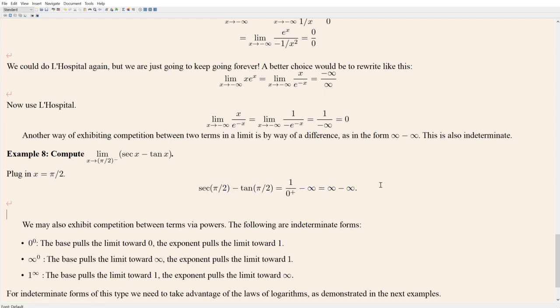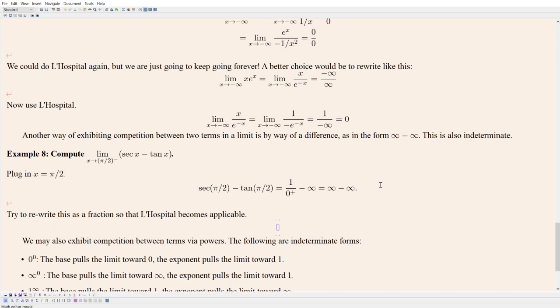So similarly to the examples coming before, our strategy here is going to be to try to rewrite this so that it looks like a fraction. In which case, hopefully L'Hopital's rule becomes applicable. So let's see, how can we rewrite this thing?